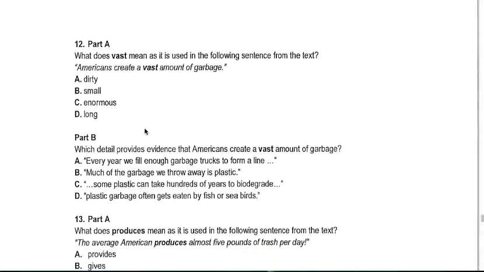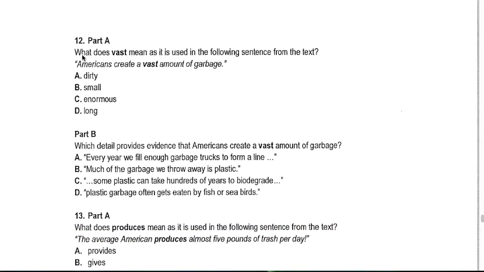Number 12, Part A. What does vast mean as it is used in the following sentence from the text? Americans create a vast amount of garbage. Does vast mean dirty, small, enormous, or long?